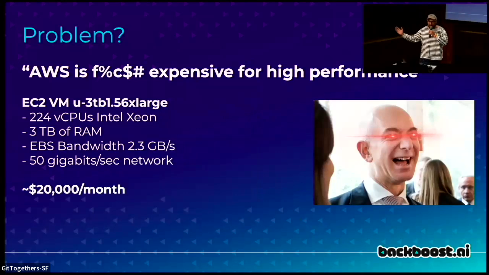So yeah, the problem, right? I found this AWS box with about comparable specs to what I want. It's a u-tb1.56xlarge or whatever. You get 224 vCPU, so that's not even a real CPU core, it's an SMT thread. You get 3 terabytes of RAM.